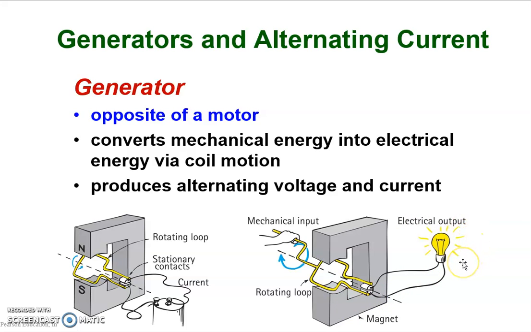So you will actually provide electricity. You convert mechanical energy into electric energy via the coil motion, which means you rotate the coil. And the voltage and current you produce will be alternating.